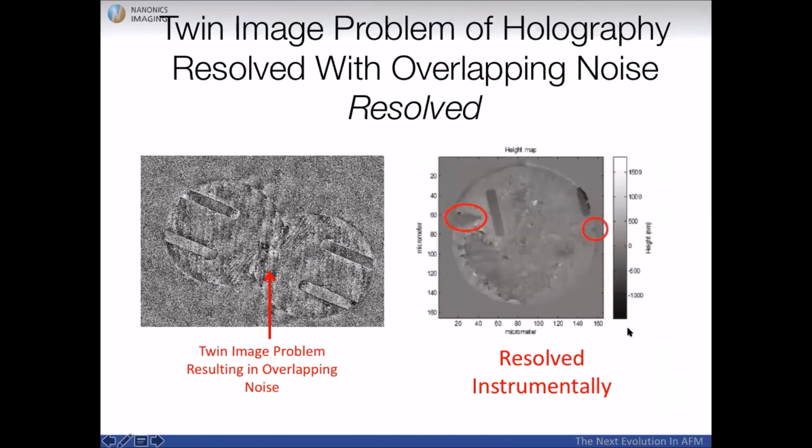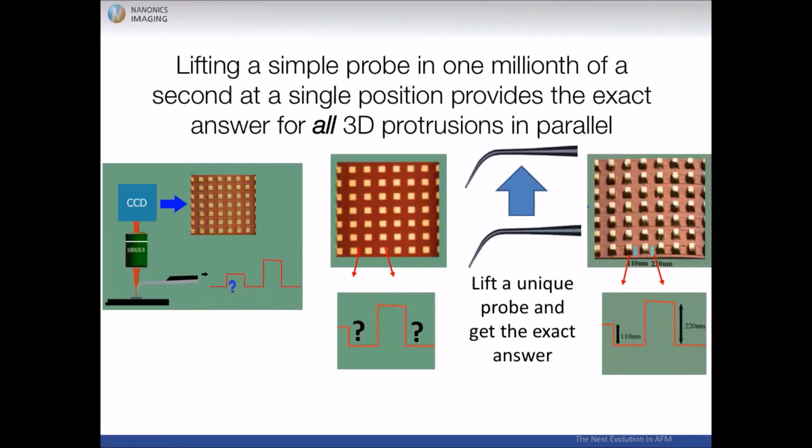And as a result of that, if you use two probes, you can, in fact, get rid of the twin image problem. As part of MDM, we're trying to mathematically get rid of it. We haven't succeeded. But even if we don't succeed, we have already resolved it with 2 probes.